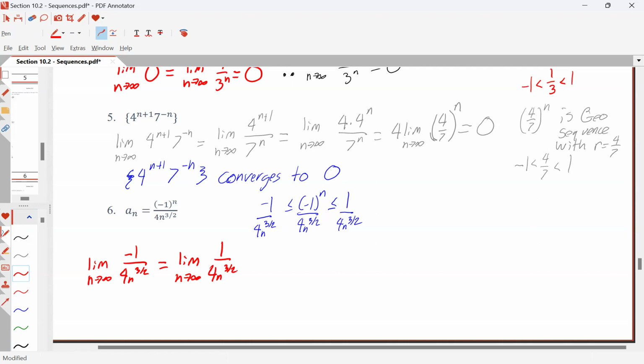And the denominator is growing while the numerator stays the same. Both of these are 0. Therefore, the limit as n goes to infinity of -1 to the n over n to the 3 halves is also 0 by the squeeze theorem, just like in problem 4.